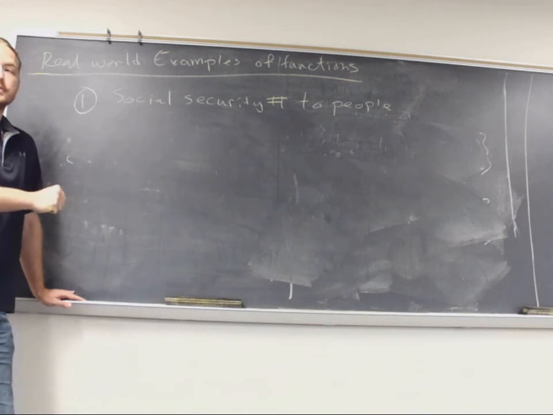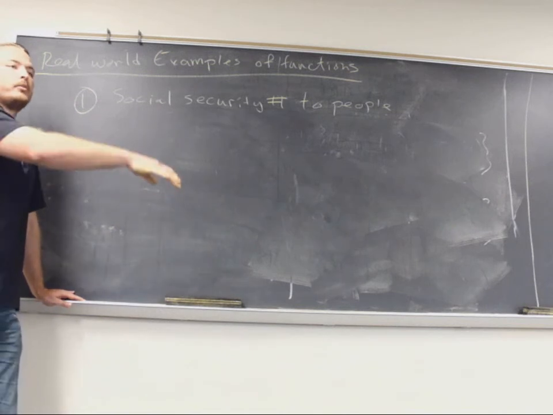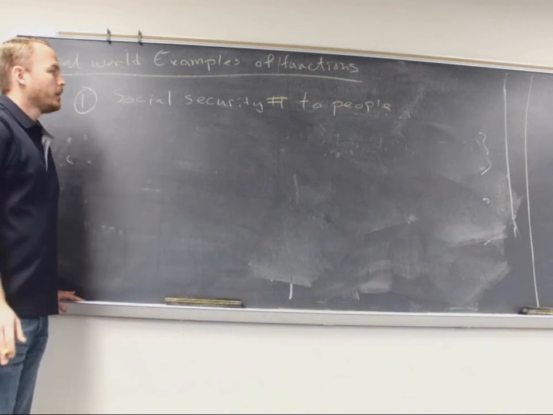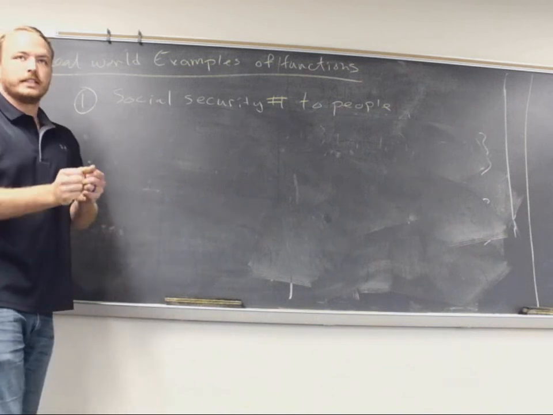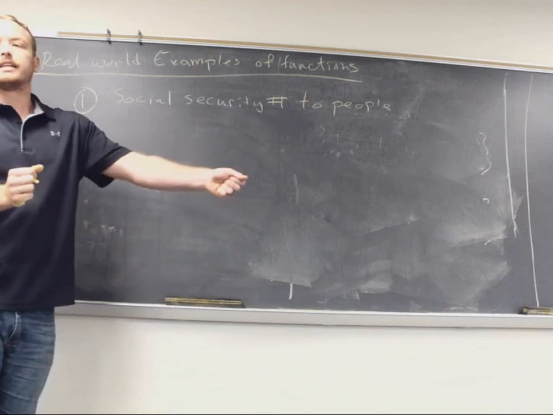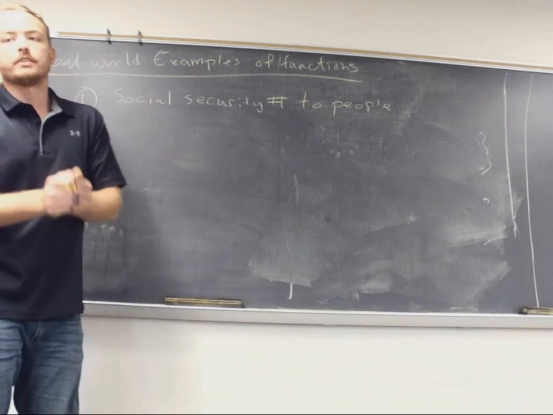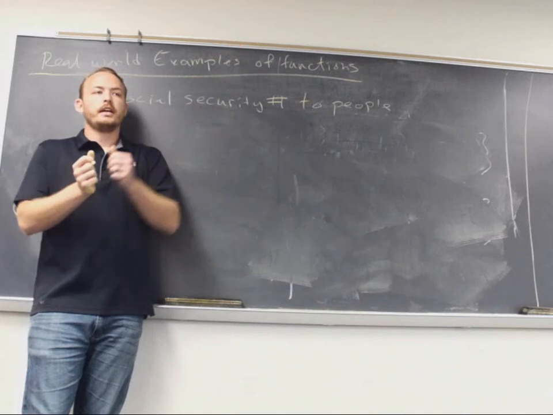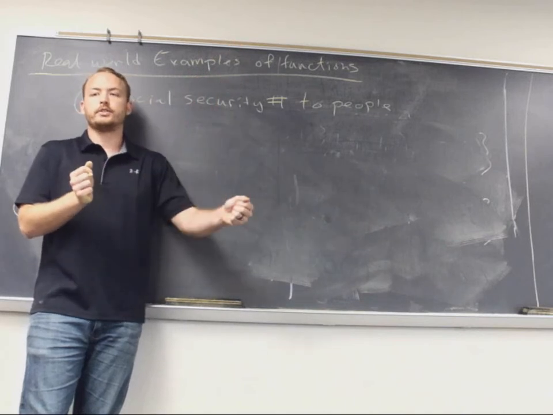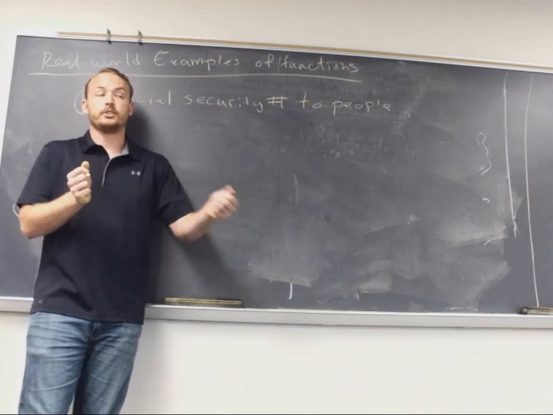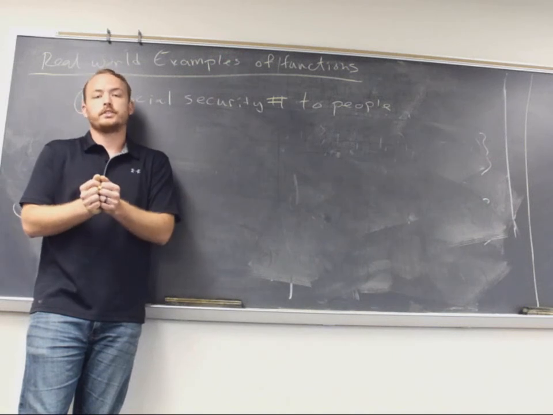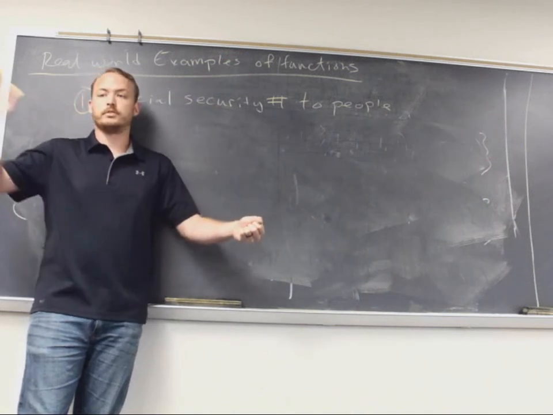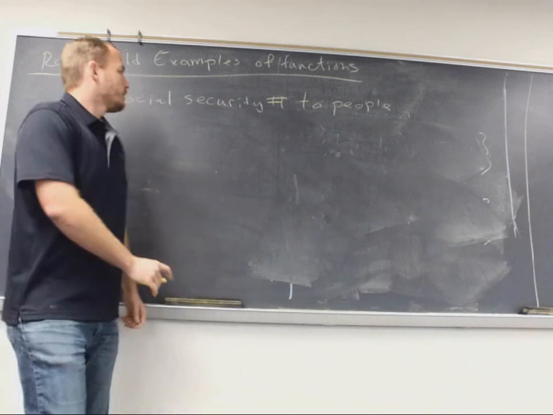If you input a specific social security number, output would be my name. And same thing for everybody else in the world. You have a social security number, it's input, and then the output is that person's name. So if you ever have a social security number that's tied to me, Fort, and then a social security number that's tied to, say, my wife, then that's an issue. It's an even bigger issue if you have a social security number tied to me, and then someone completely I don't even know. So that's a great example.